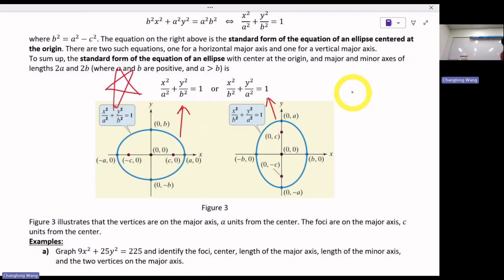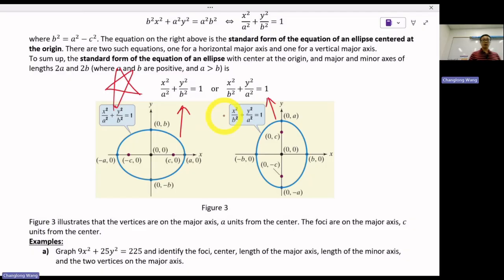The one on the left, in the form of x squared over a squared plus y squared over b squared equals 1, is the equation for a horizontally stretched ellipse. Here, a and b are half of the length and the width of the ellipse.